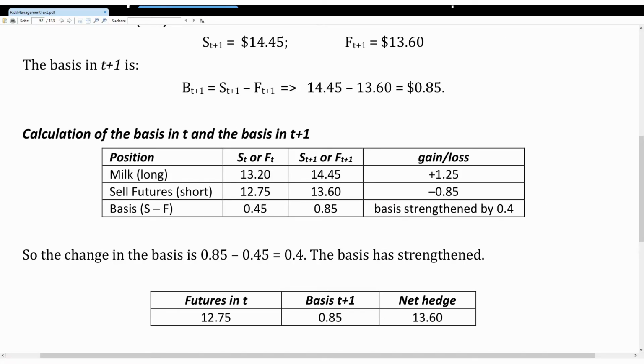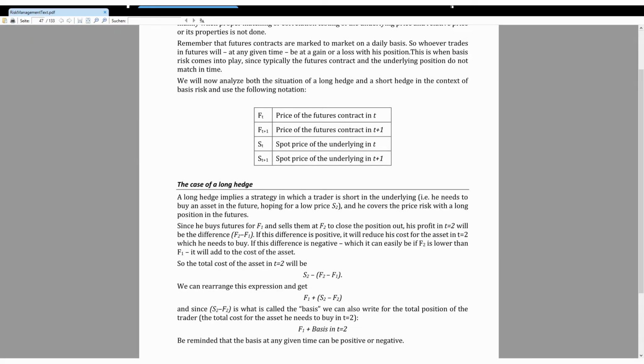From the data in these tables, we obtain everything we need to know in order to determine the net hedge, so either the revenue or the cost to the trader. We can do this in 3 equivalent ways, and we have to look at how we can derive these calculations. For this, we have to go to page 47 in the text.